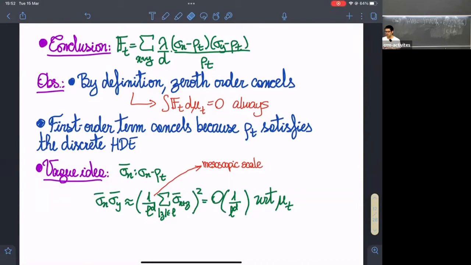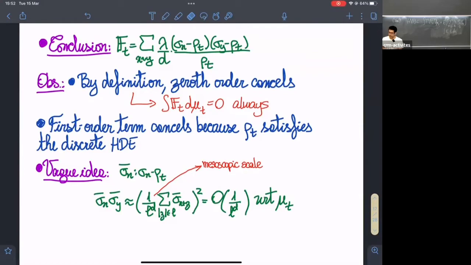Because what we are trying to do is that you have a point mass that you want to spread over a mesoscopic region. So there is a transport problem that you want to solve, and this transport problem can be solved in terms of the Green function of your random walk there.